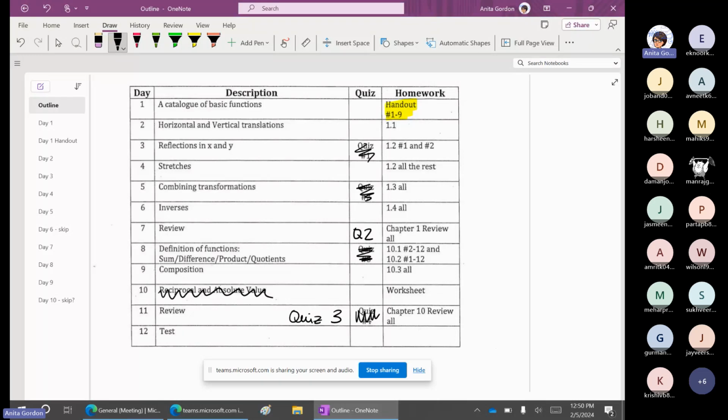And then we're going to have quiz 1 on day 4 or lesson 4. Yes. Oh, good. I just write them in. So day 4 is quiz 1. Day 7 is quiz 2. Day 11 is quiz 3.